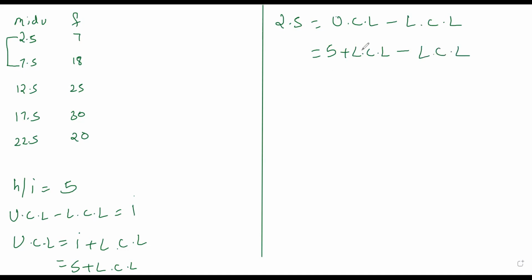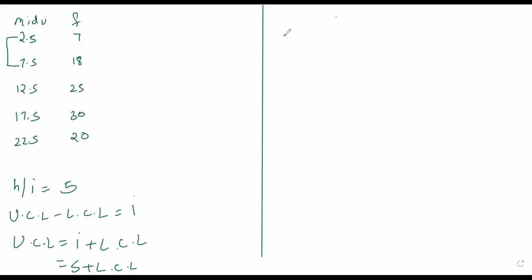Minus lower class limit, this will get cancelled. Sorry, something just went wrong. The class interval is 5. So this is what we have found.